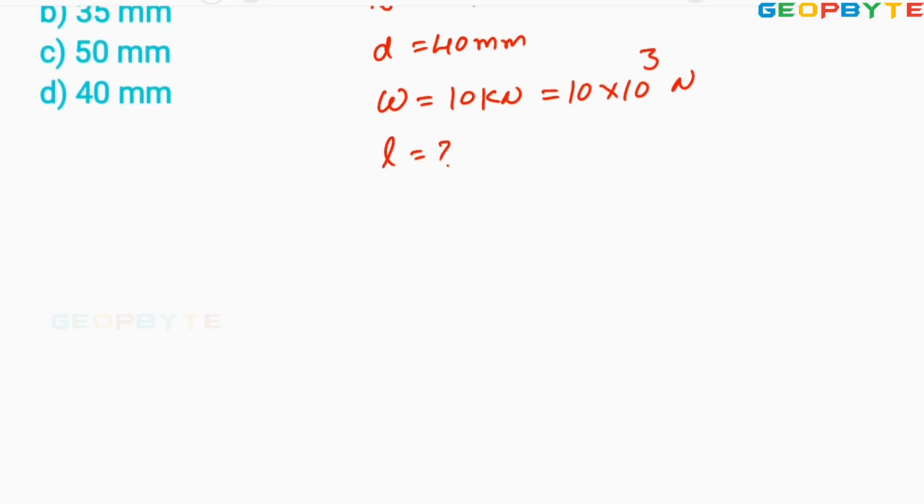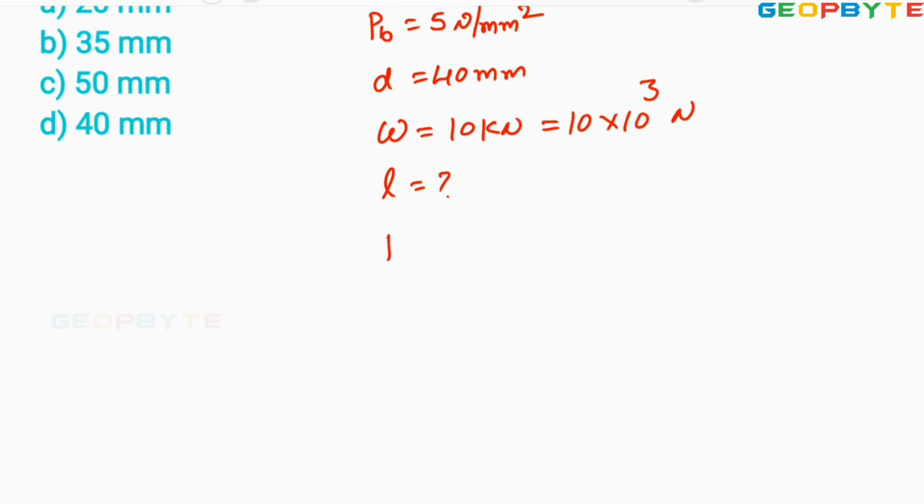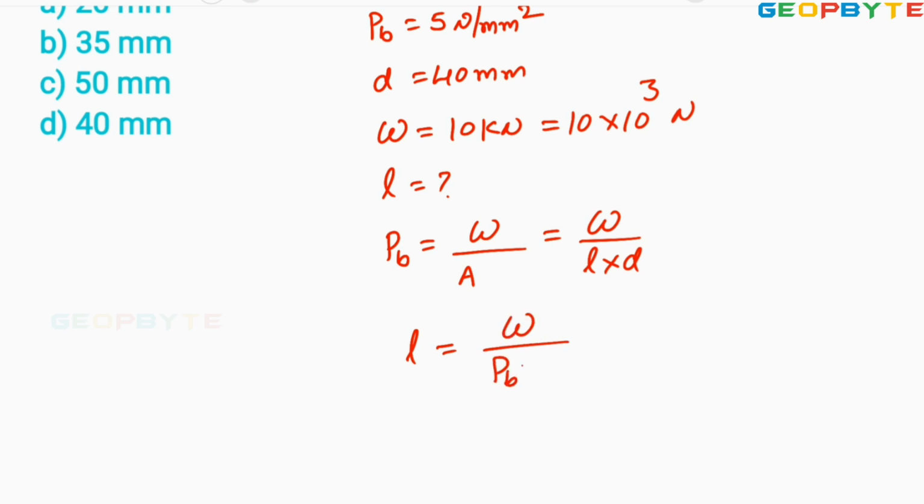Dear friends, remember the bearing pressure Pb equals load by surface area, and the surface area equals length multiplied by diameter. From this, the length of the bearing equals load divided by bearing pressure multiplied by diameter.